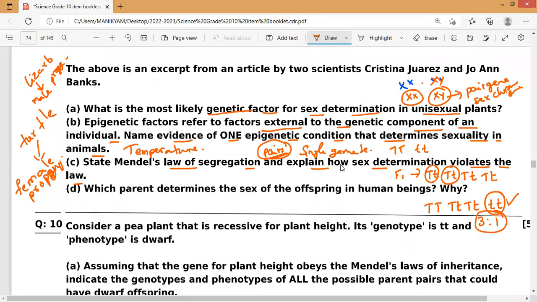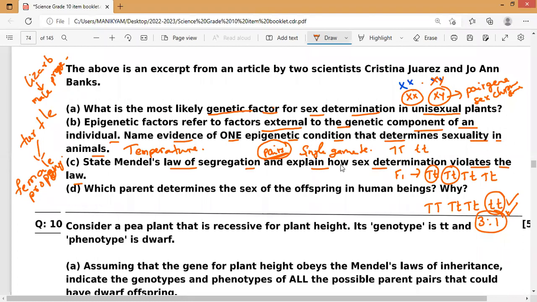Only one of a pair of such factors can be present in a single gamete. That is what we studied in monohybrid inheritance, in parental crossing as well as F1 crossing. We all know it in detail. Anybody having doubt in this, please respond.